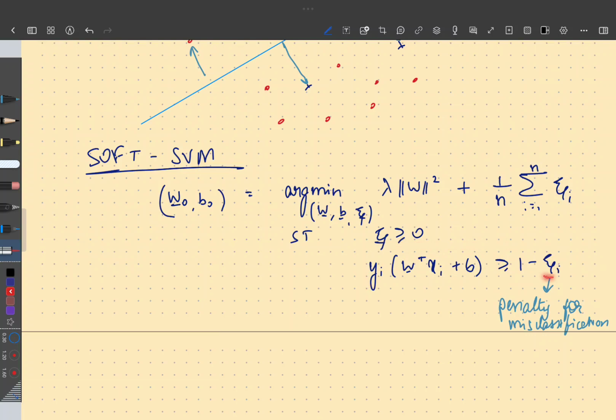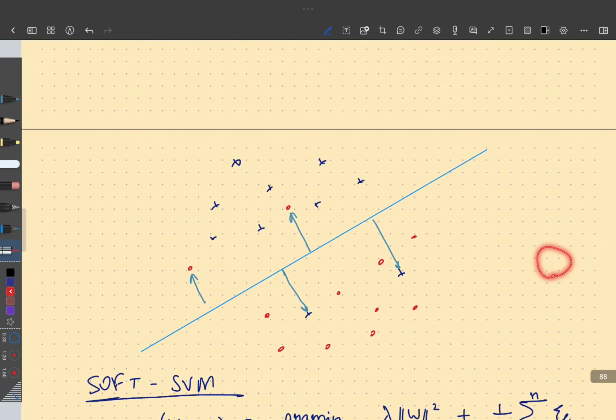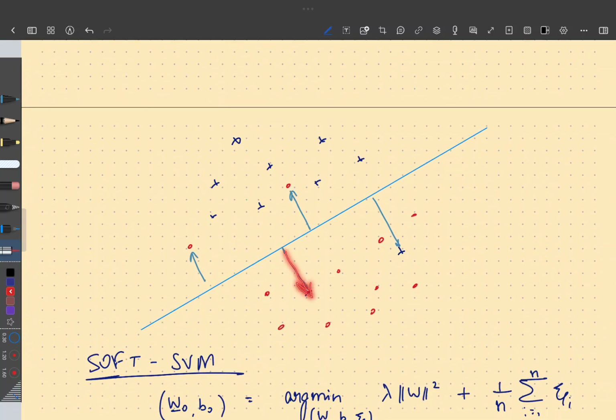If this quantity is too large, then it means that the distance to the hyperplane in the wrong direction is larger. And you want the sum of the distances of the misclassified points to be as small as possible. So up to a proportionality constant, this basically gives the sum of the distances of the misclassified points to the hyperplane. And you want this to be as small as possible.